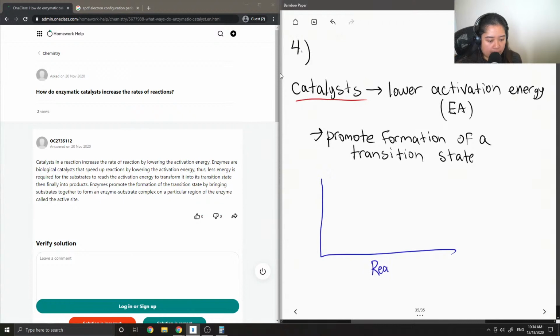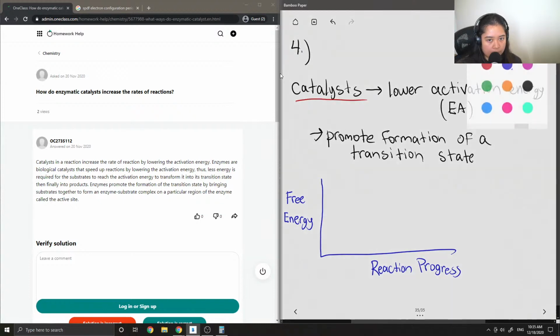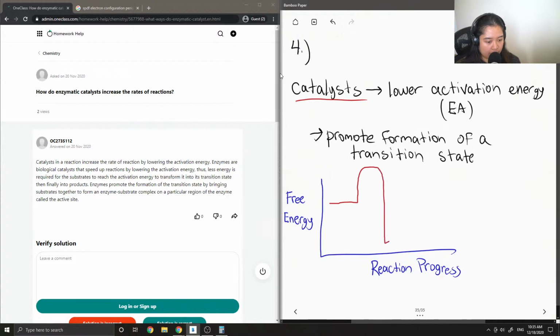So the x-axis is the reaction progress. And our y-axis is the free energy. Okay, so in red, this is typically what an uncatalyzed reaction looks like.